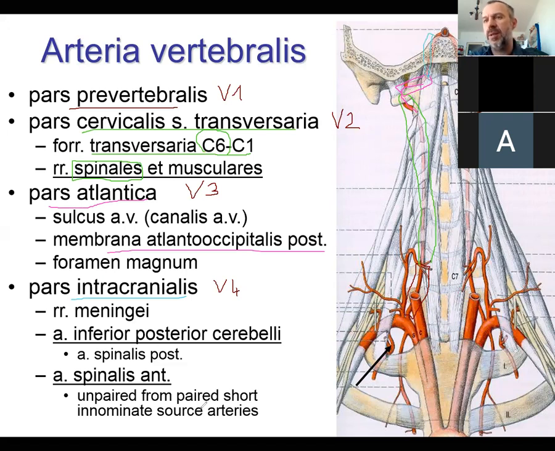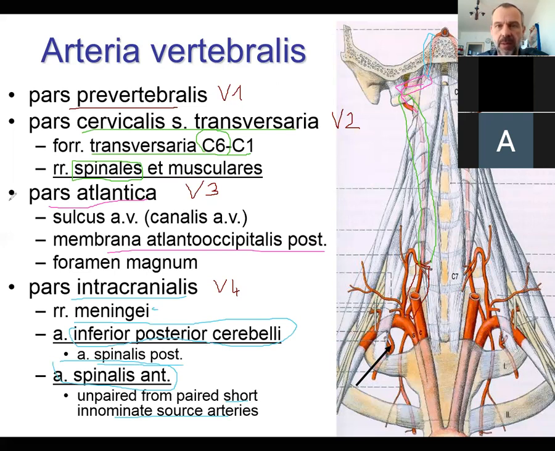So we call it intracranial, and the intracranial one gives two short innominate branches for the anterior spinal artery, as we saw before, and it gives the posterior inferior cerebellar artery, giving the posterior spinal artery. And it supplies the meninges as well, so there are some smaller meningeal branches.